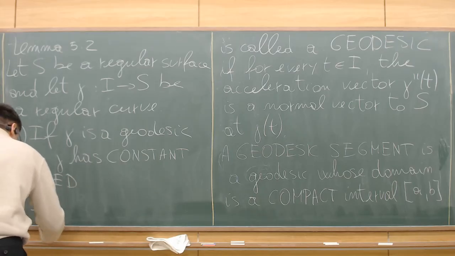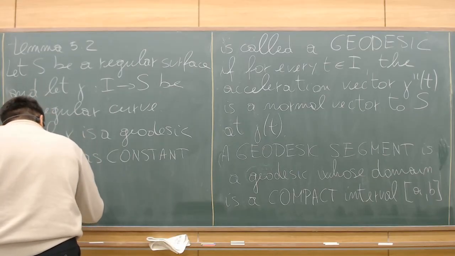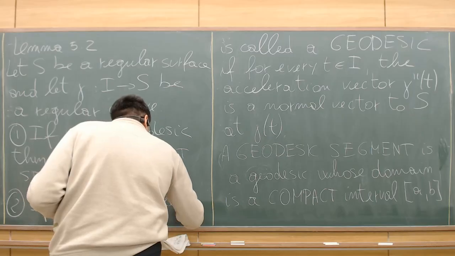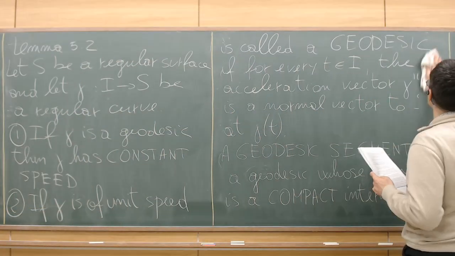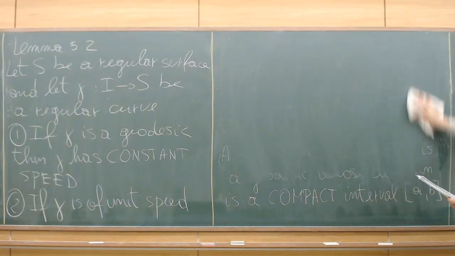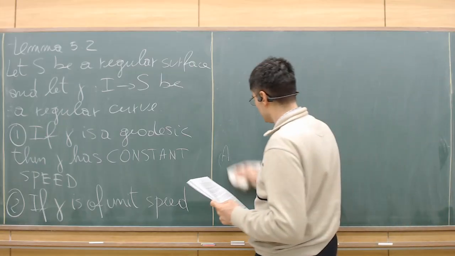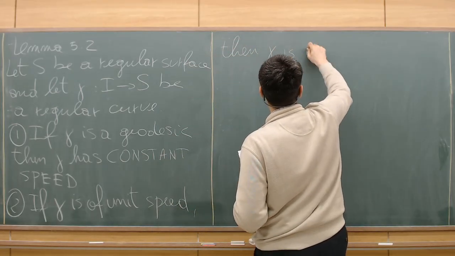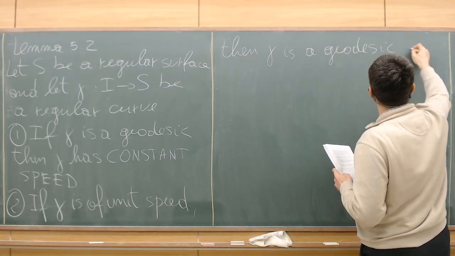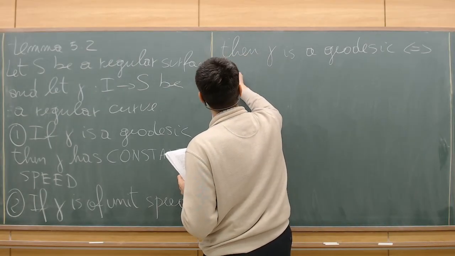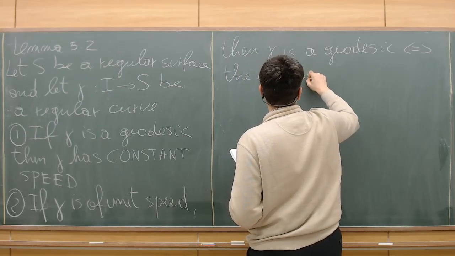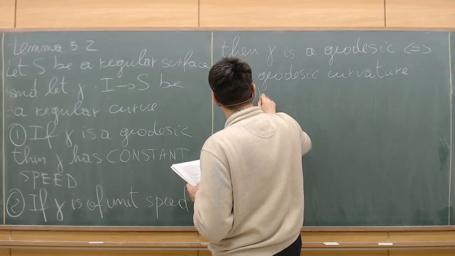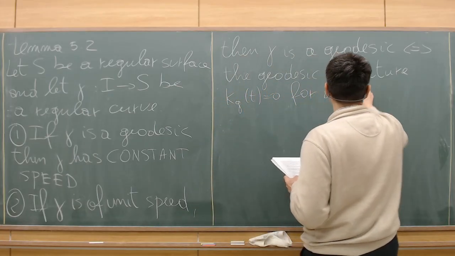If gamma is of unit speed, then gamma is a geodesic if and only if the geodesic curvature kg of t is equal to 0 for all t in I.